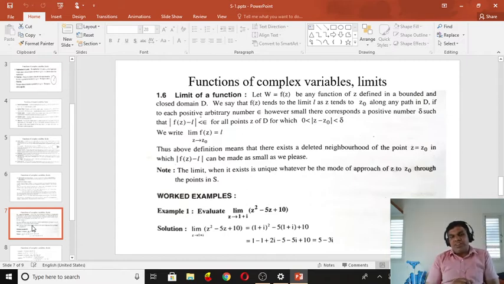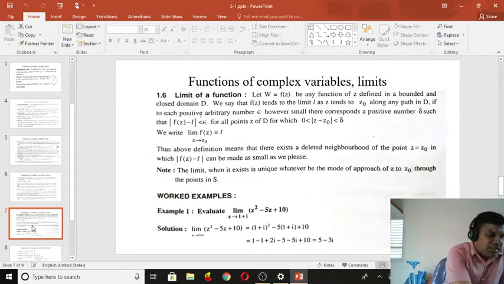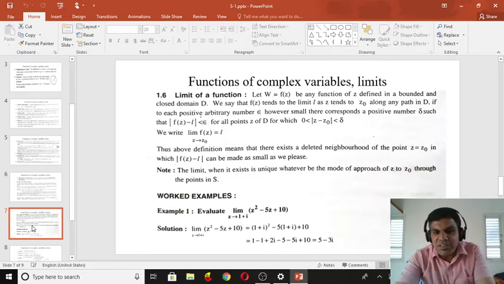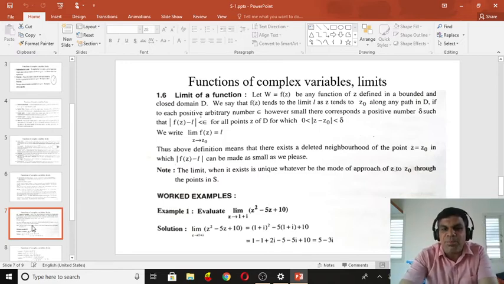For example, I will take a limit. Limit z tends to 1 plus i of z square minus 5z plus 10. If you apply the limit, replace z by 1 plus i, so the function is 1 plus i whole square minus 5 times 1 plus i plus 10.